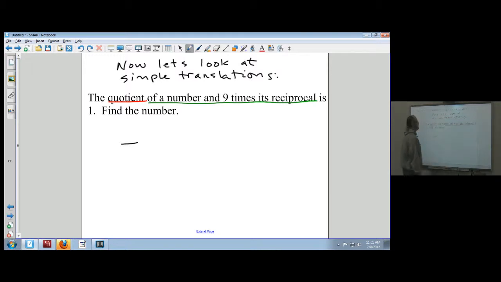The quotient of what? 2 things: a number and 9 times its reciprocal. That looks like a conjunction embedded within a prepositional phrase. So the quotient of a number and 9 times its reciprocal is 1.